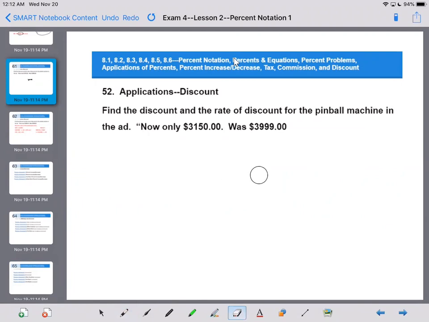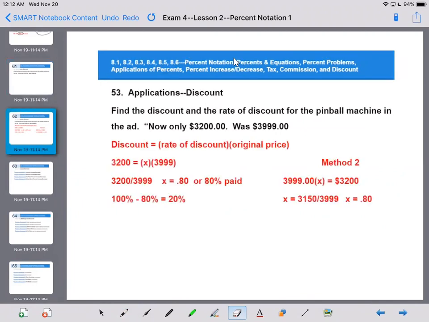Okay, so we're just trying to figure out, well, what would that rate be? Okay, so the 3,200 here is equal to some type of rate multiplied by 3,999. So we're going to divide both sides by 3,999 to get this 80%, okay?